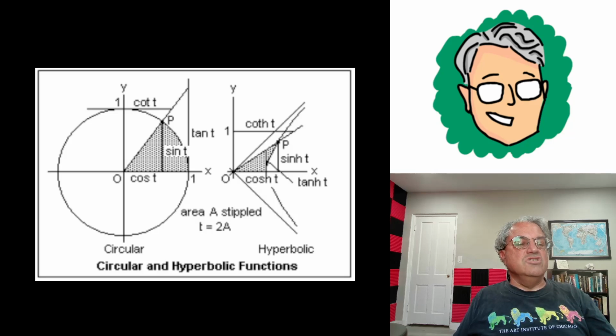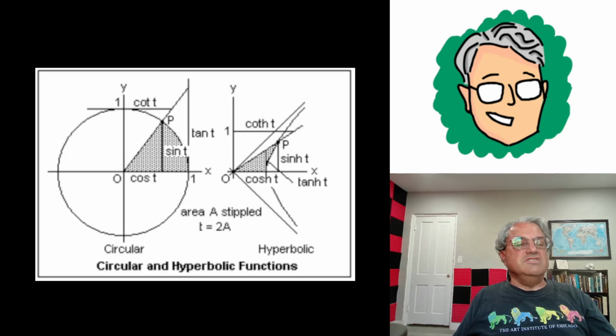In this case, cosine of t is just the x component of P, and sine of t is the y component of P. Then you can define the other four trigonometric functions in terms of sine and cosine: tangent is sine over cosine, and so on.